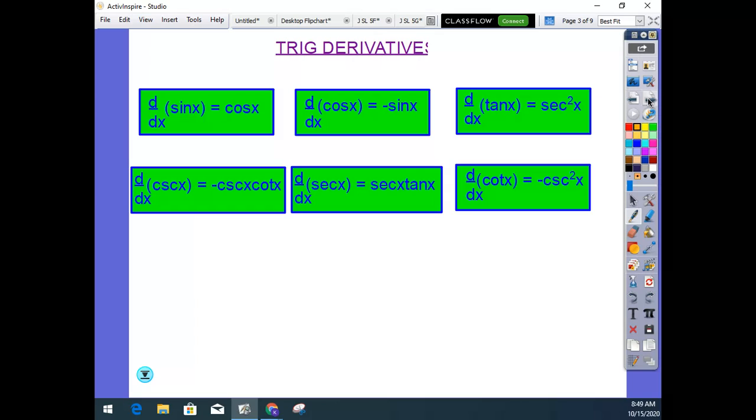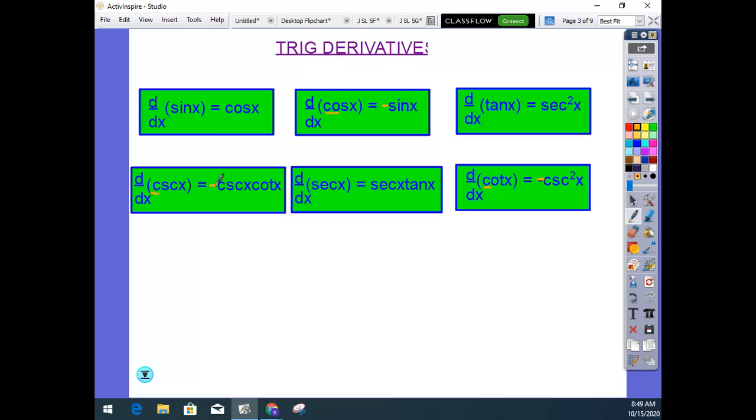So go ahead and copy all of these down. We'll actually talk quite a few strategies. Maybe pause the video, write them all down. One of the big things that people always notice, all the cos are negative.